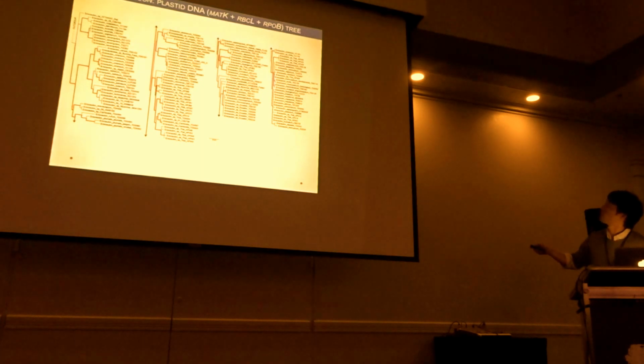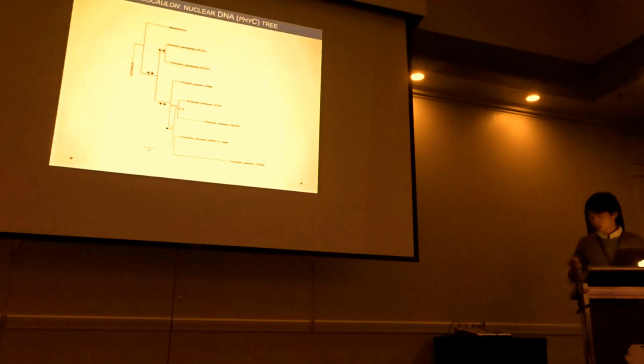But some clades are not really significantly supported like this, which are shown in color blue. And here is the nuclear gene, and as I mentioned, we haven't got any sequence data so far. So today I don't want to use these, and then use only the chloroplast DNA sequence data for the analysis.